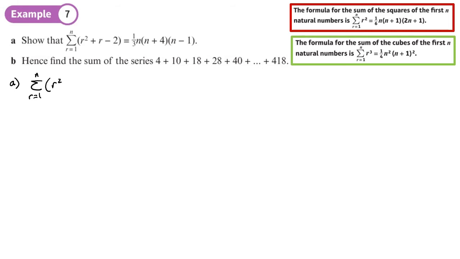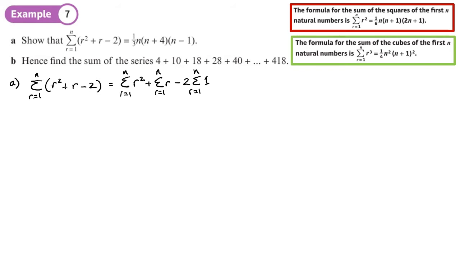This r squared plus r minus 2, we're going to split up into the sum of r squared from 1 to n, r from 1 to n, and then minus 2 lots of 1s from r equals 1 to n.